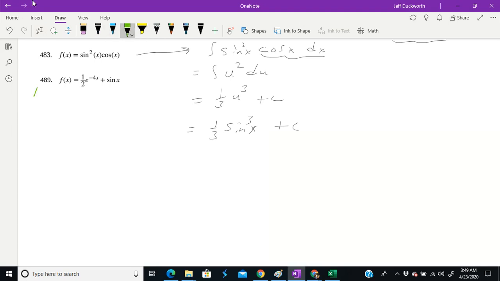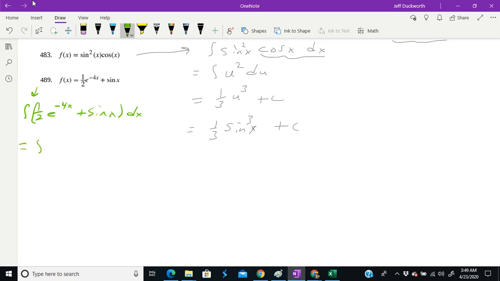For this one here, we're looking for the integral of 1/2 e to the negative 4x plus sine of x dx. So we'll break it into two. We'll use a substitution for one part of it.